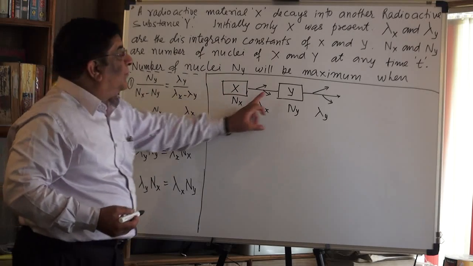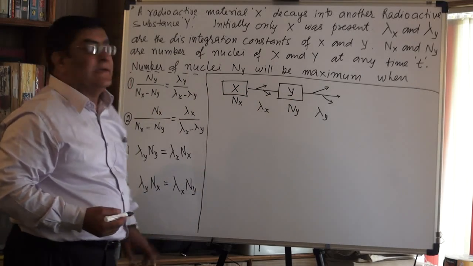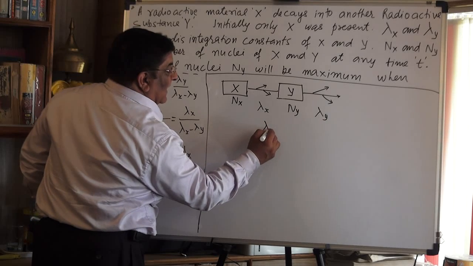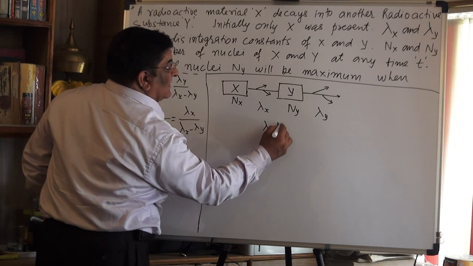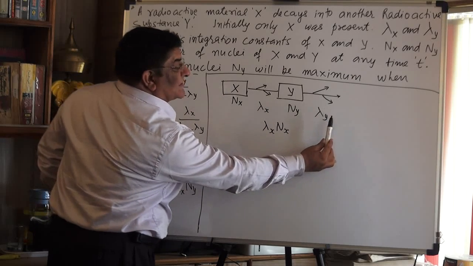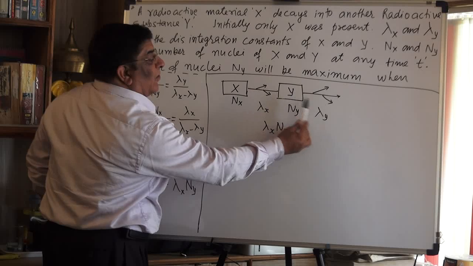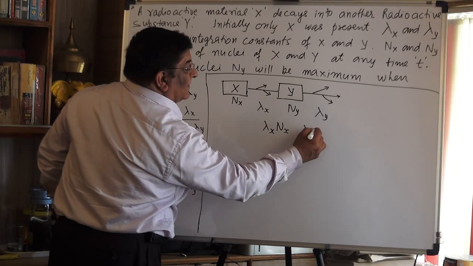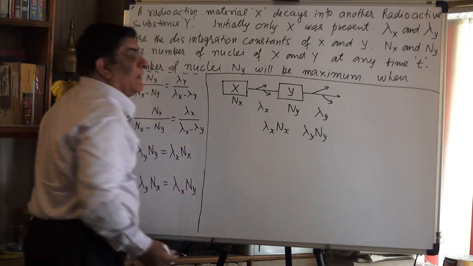Now, what is the rate of production of Y? The rate of production of Y is delta X Nx. How many nuclei are being lost per second? The rate of disintegration is delta Y Ny.